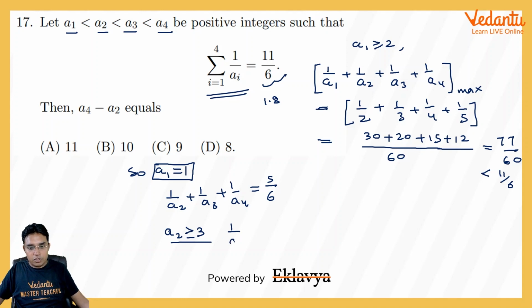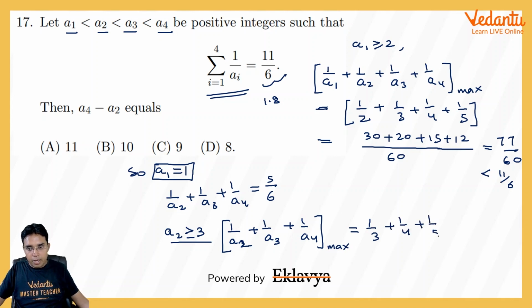I will be proceeding the same way, 1 upon A2, 1 upon A3 and 1 upon A4. The maximum possible value of the sum of these reciprocals would be 1 upon 3, 1 upon 4, 1 upon 5. And you can do the similar calculation here also.